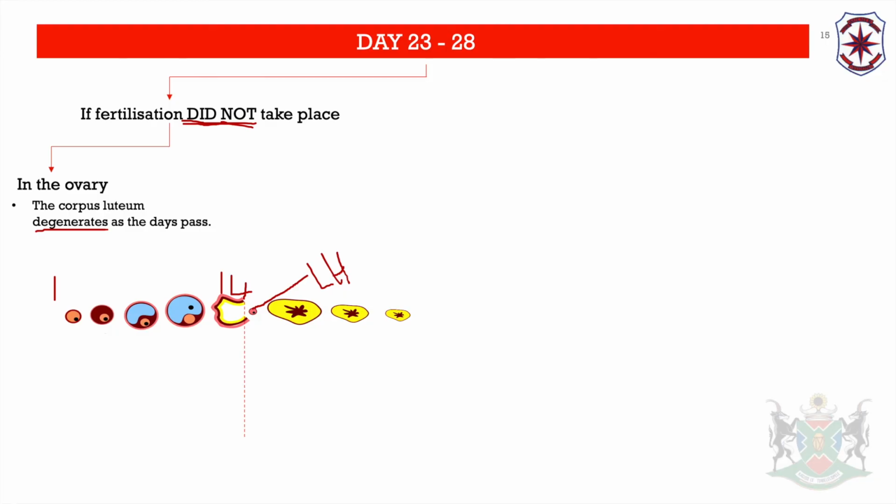And then when it becomes smaller, what happens? Remember, the corpus luteum secretes progesterone. The smaller it becomes, the less progesterone it secretes.